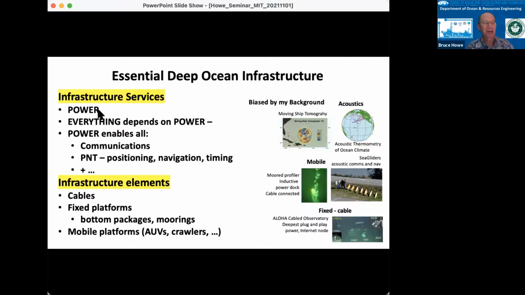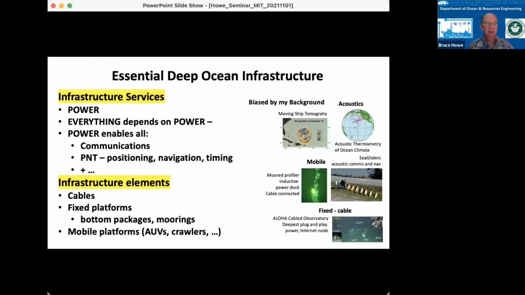But anyway, what I'm thinking of here is that to accomplish any observing, especially in the deep ocean, and even on land or whatever, we need power. That is the fundamental thing we need.